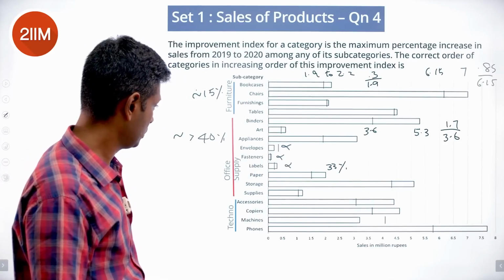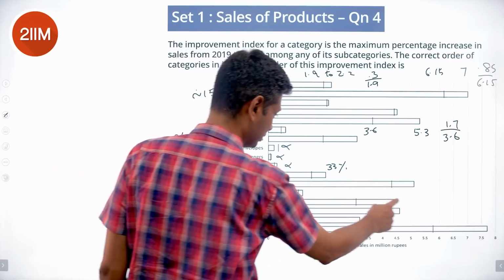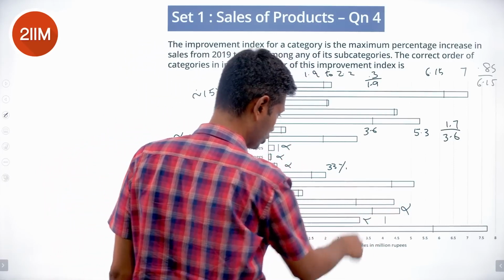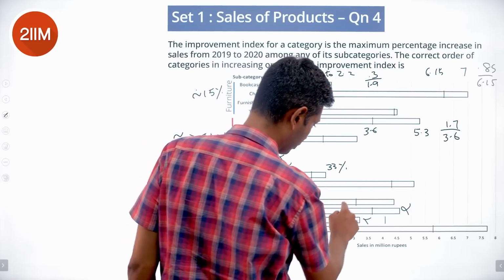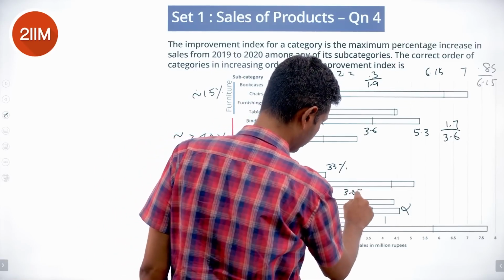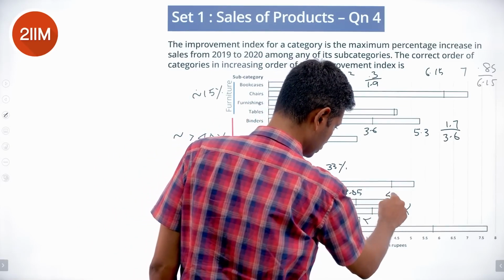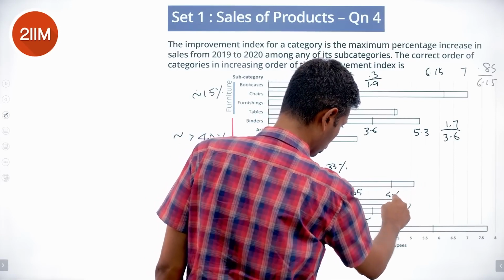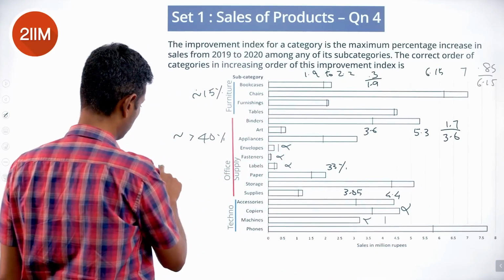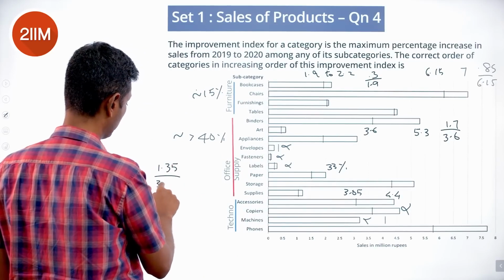Accessories. So this number is less than this. I can eliminate this. I can eliminate this between these two. So in this, we are going from 3.05 to 4.4. So 1.35 by 3.05.